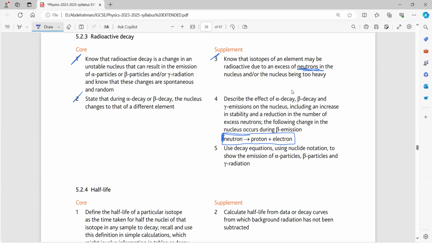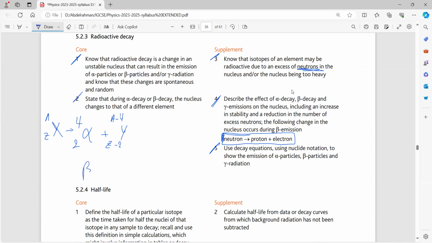What happens in the alpha or beta equations? Very simply, if an alpha is produced, for example X with A and Z produces an alpha plus, let's say, Y, but the A is minus 4 and the Z is minus 2.